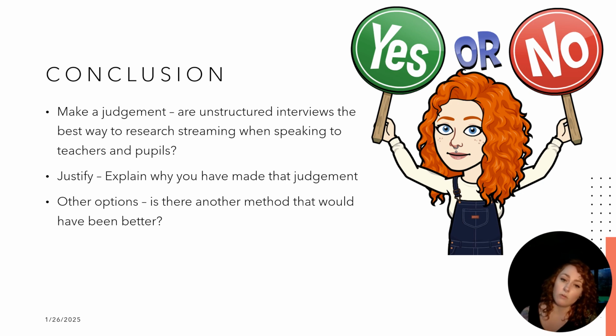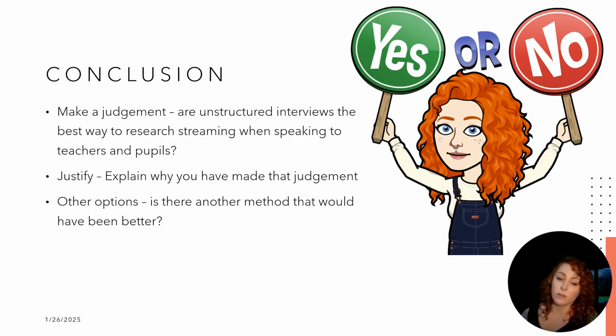If you've gone down the no route, that unstructured interviews are not the best way to research streaming when speaking to teachers and pupils, and you've explained why, you could offer other options. For example, it might be better to look at secondary data and look at pupils' profiles in those classrooms to see if there's any trends or patterns in streaming, social class and ethnicity, and see if you can pull out any information behind that.